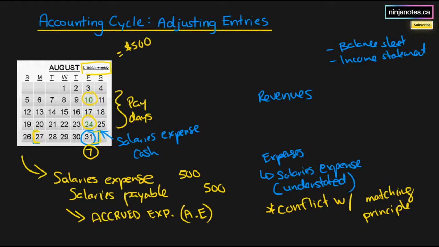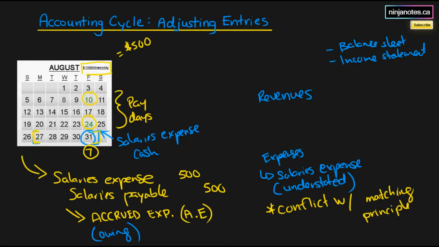But the term accrued is synonymous with owing, because as you can see, the amount payable to the employees has not actually been paid yet. So we actually are not reporting an outflow of cash. We're actually reporting that we owe them money, which is an accrued expense, because accrued always means owing.